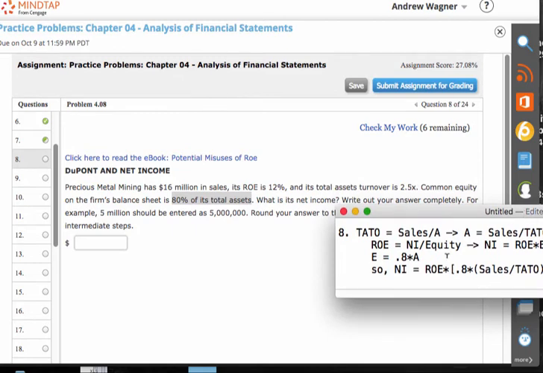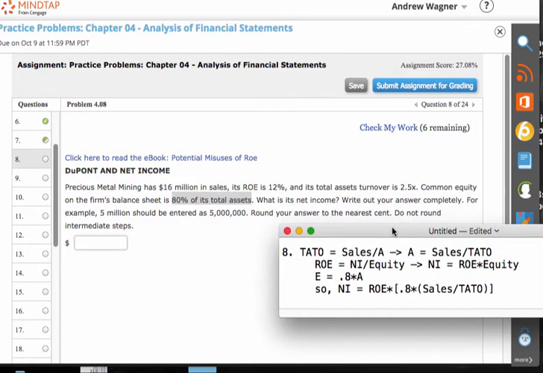We need that number because in calculating net income, we're going to get net income from the return on equity equation. The return on equity given here is 12%, and we know that return on equity is defined as net income over equity. Rearranging that equation, net income is return on equity times total equity.